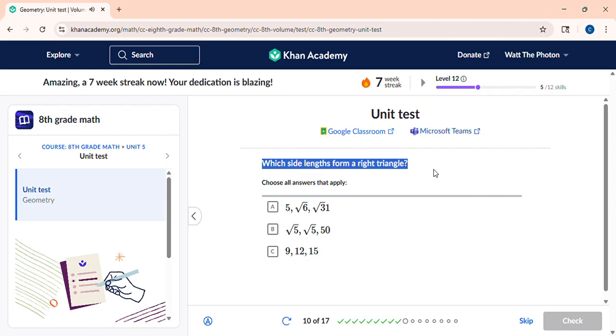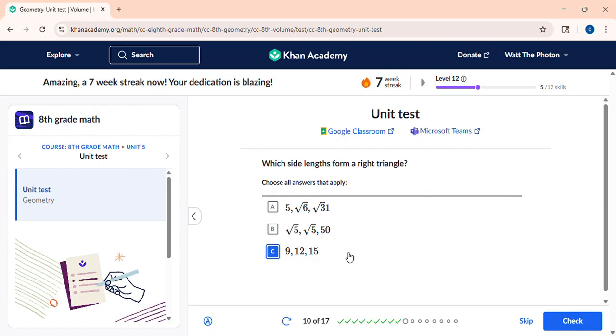What lengths form a right triangle? 9, 12, 15.